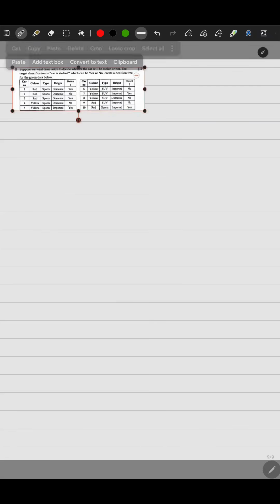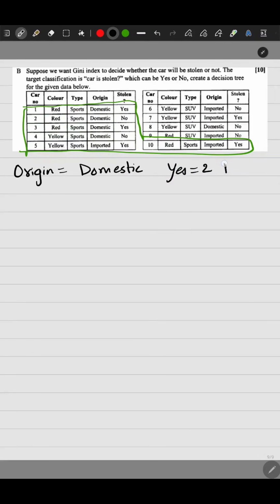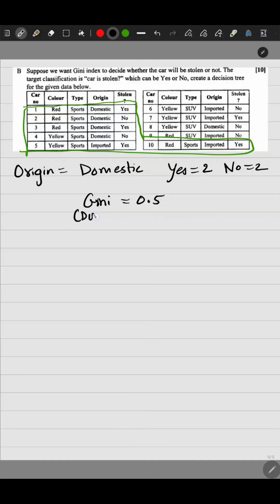Next let's decide on origin. Among the sports cars, origin is domestic and imported. For origin equal to domestic, yes is equal to 2 and no is equal to 2. You can show the calculation, or you can simply remember that when yes and no are equal, then the Gini is simply 0.5. So Gini of domestic is 0.5.